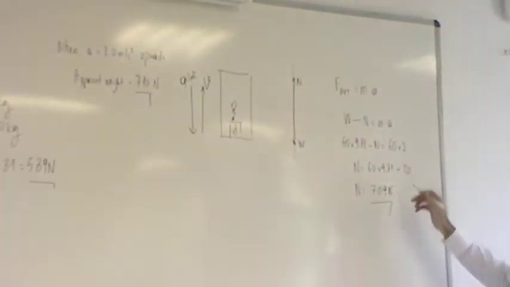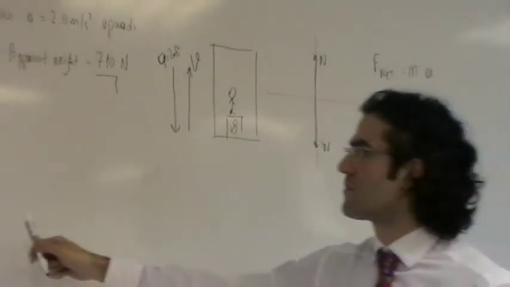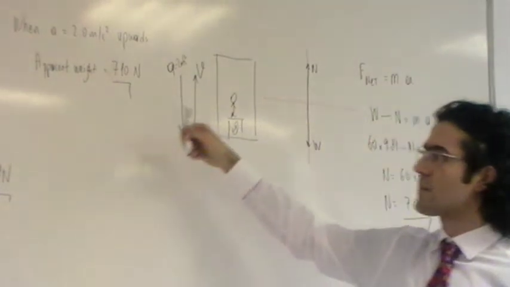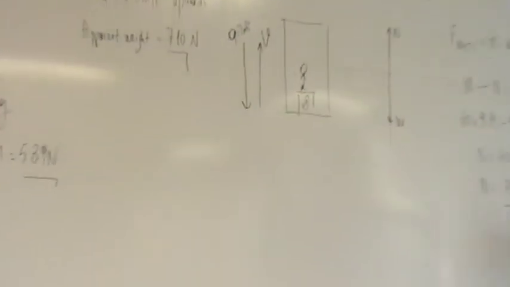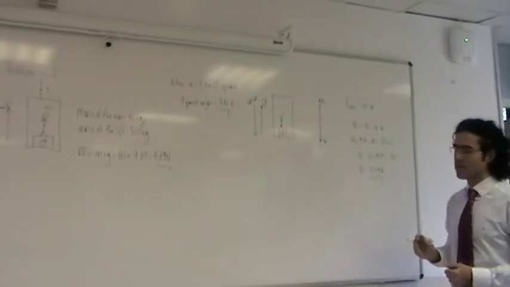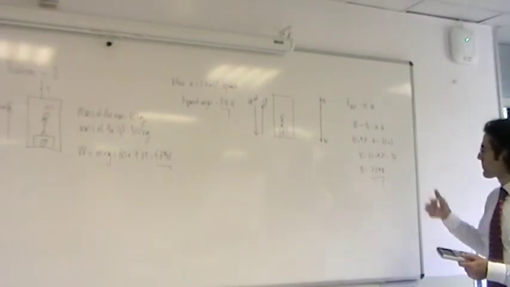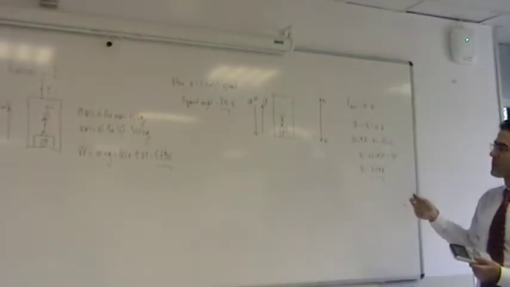No, I'm making a calculation mistake again, because this value should also be less than this value. Do you know why? Because it's accelerating downwards, therefore it should be less than the weight, and I have noticed that this should be minus over here. So you should also do these sorts of double checks and understand your mistakes.